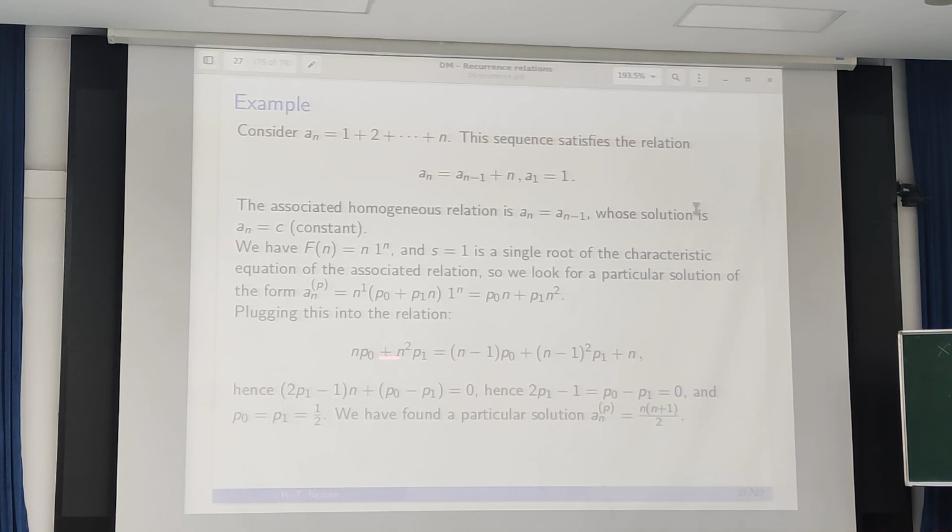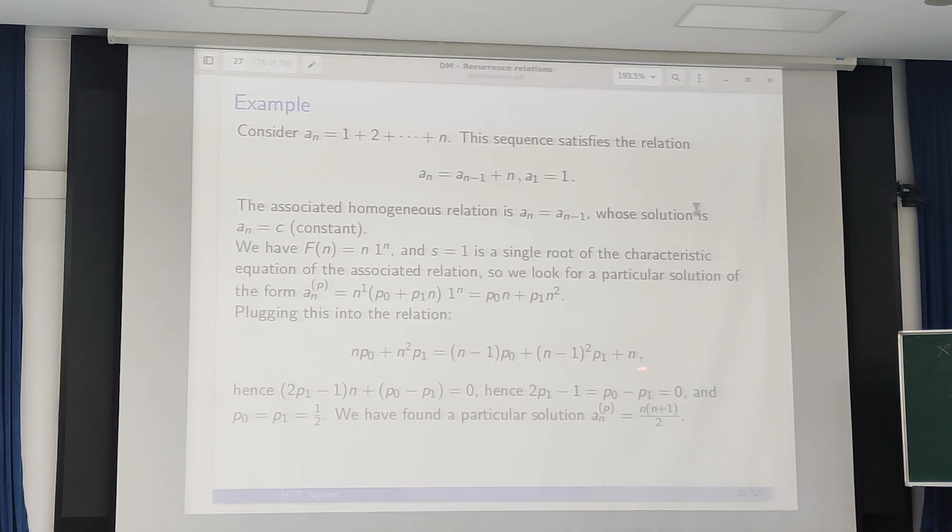But you know that if you simplify this, then you get an equation of degree at most 2 in n, okay? And you know that for a polynomial equation of degree 2, there are at most 2 roots, okay?